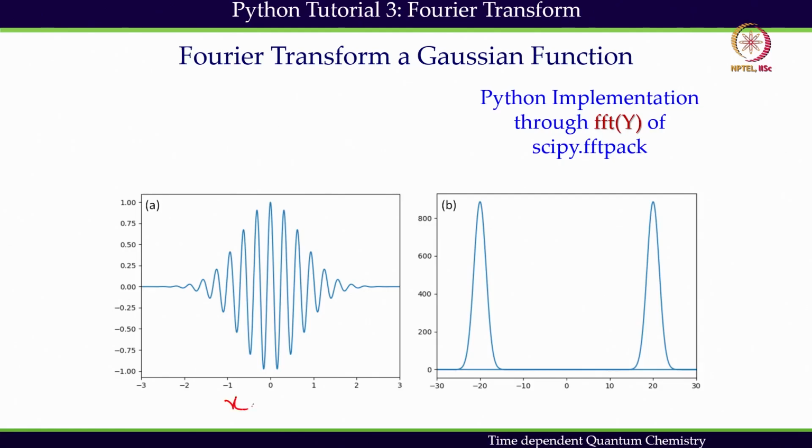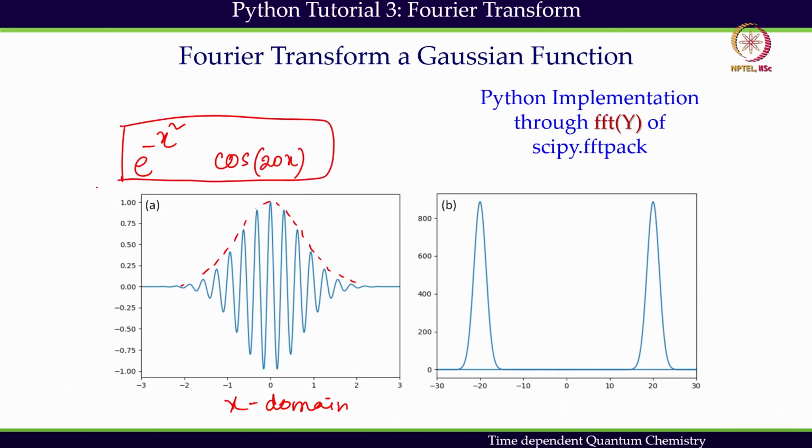What we see here is the x domain, which is representing a wave packet. This is the Gaussian envelope, and the fast varying component is cos 20x. So, this is the wave function I have, and if we convert it to the k domain, this is the k domain.